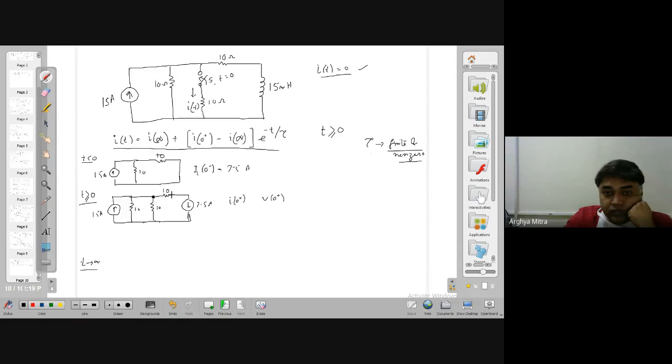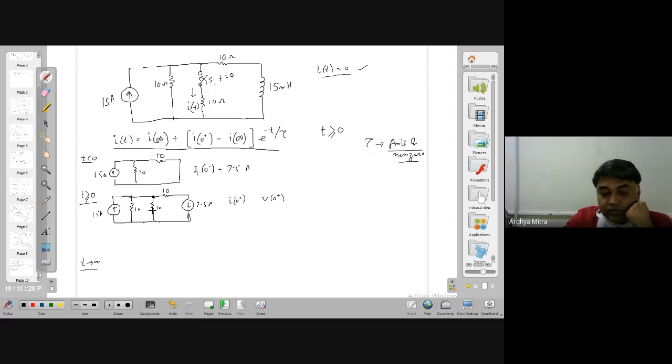The current flowing through this is 7.5. The 15 amps is now flowing through these three parts. 7.5 is flowing here, so the rest of the current is flowing through this. 15 amp is now divided: 7.5 is flowing here, and the rest of 7.5 is flowing through this 10 ohm and 10 ohm.